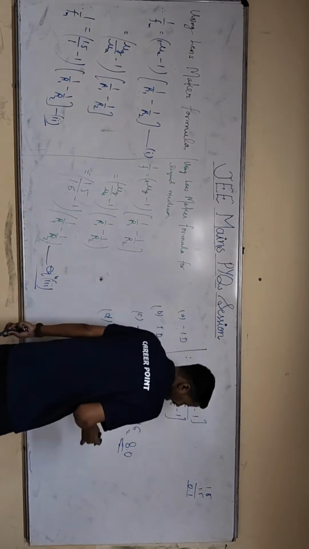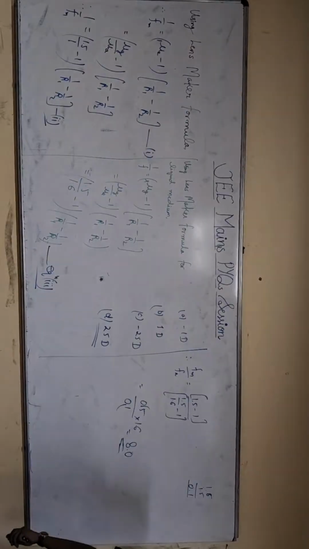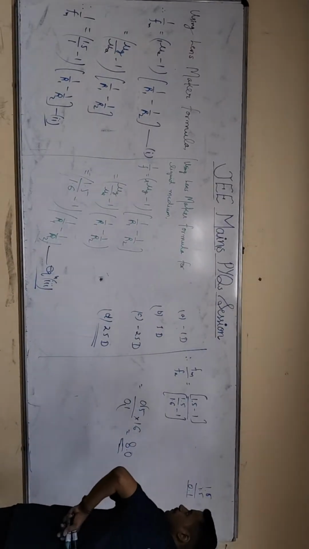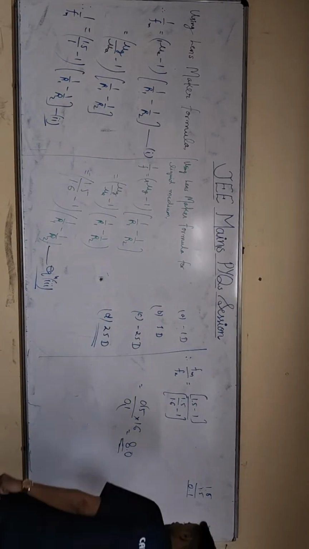So f upon f air, the focal length in the medium with respect to air, is around 8.